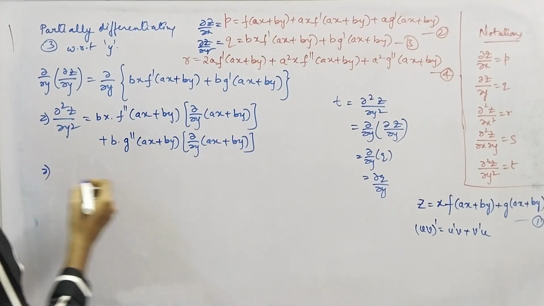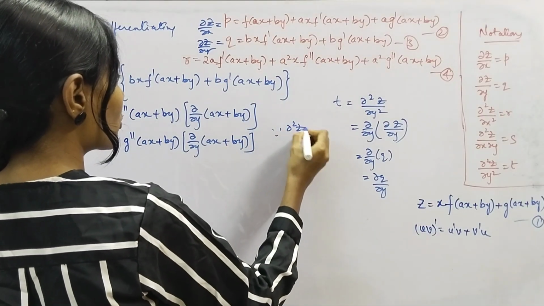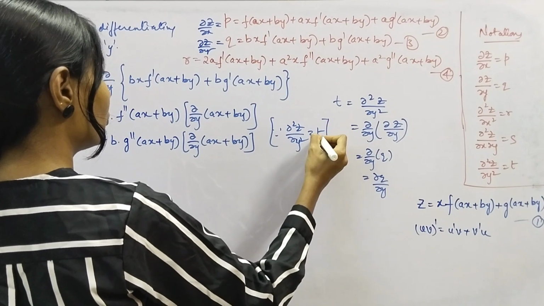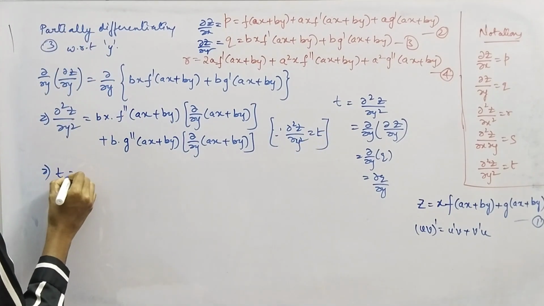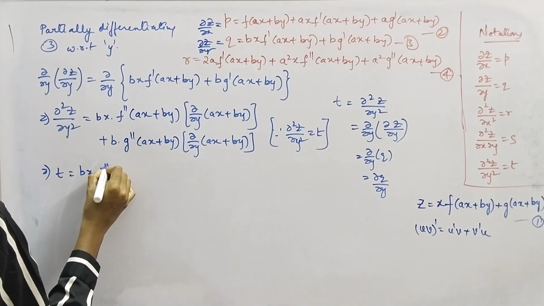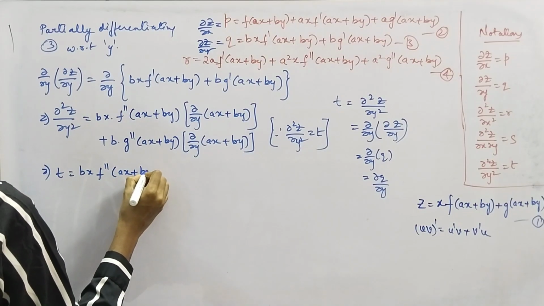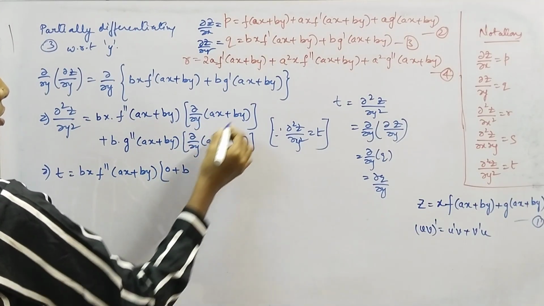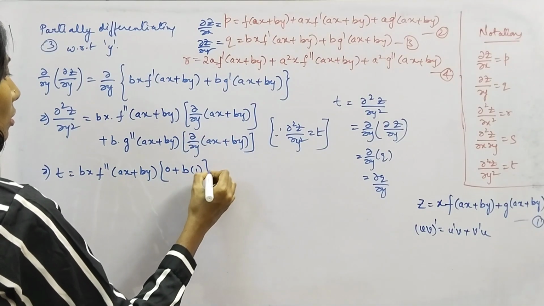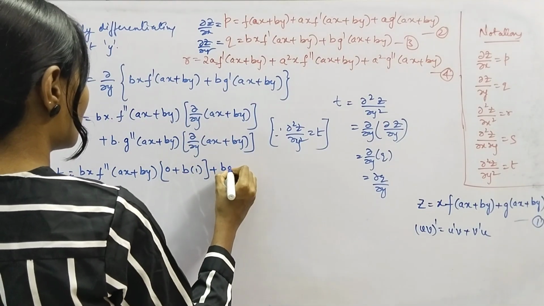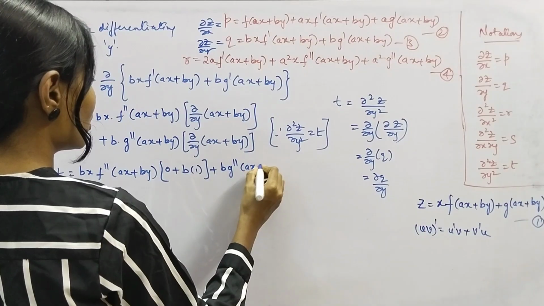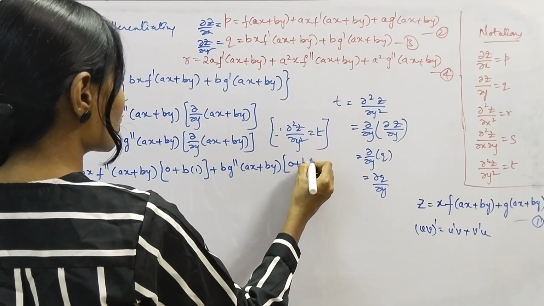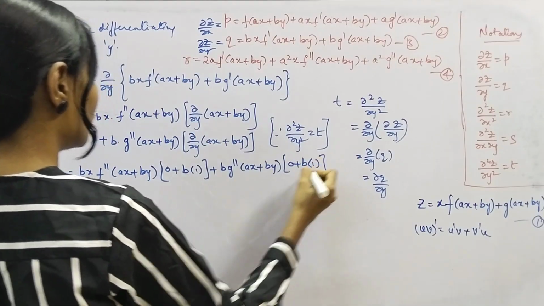Here you can replace dou square z by dou y square using the notation t. We'll get t equal to bx into f double dash of ax plus by into partial derivative of ax with respect to y, which is 0, plus b into partial derivative of y with respect to y, which is 1, plus b g double dash of ax plus by into partial derivative of ax with respect to y, which is 0, plus b times partial derivative of y with respect to y, which is 1.